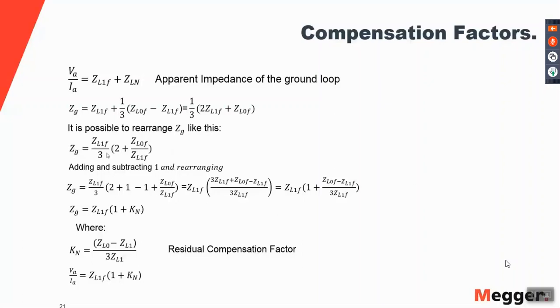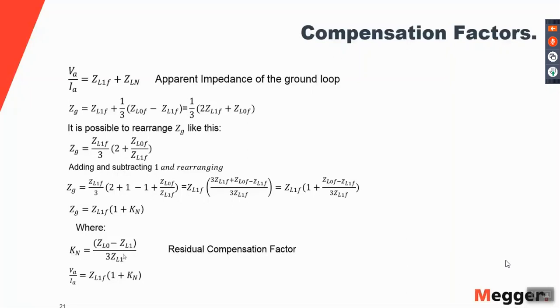We rearrange this equation over here, and then we added and subtracted 1, and we came up with this equation over here at the end, which is the positive sequence impedance to the fault times 1 plus this term here. Those of you who have already done some testing on distance protection will recognize this term as the residual compensation factor, Kn.